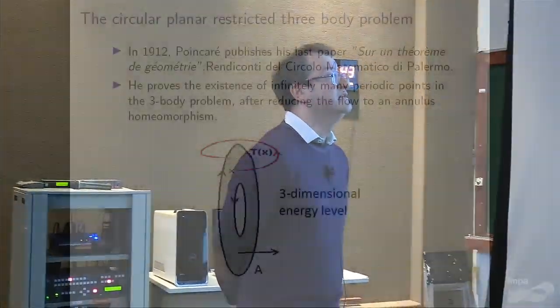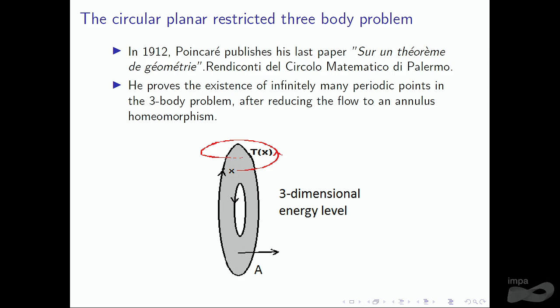He constructs this global surface of section, and he observes that the first return map associated to this global surface of section has some very nice properties, and that's how he obtains these infinitely many periodic orbits of this first return map using this type of reduction, okay?